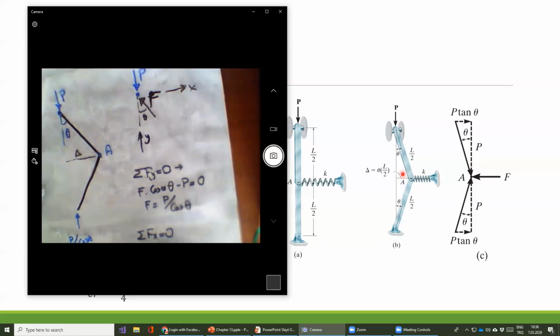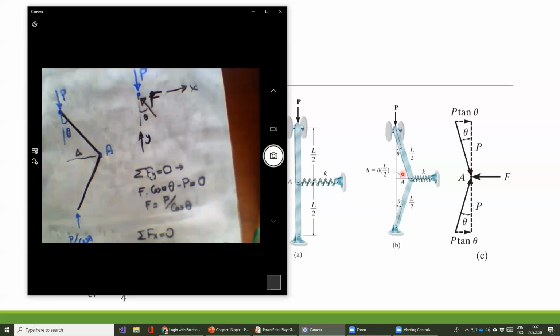So this term also should be cosine theta times, you know, its angle is the sine theta. We take the x direction, sine theta minus k times delta is equal to 0.